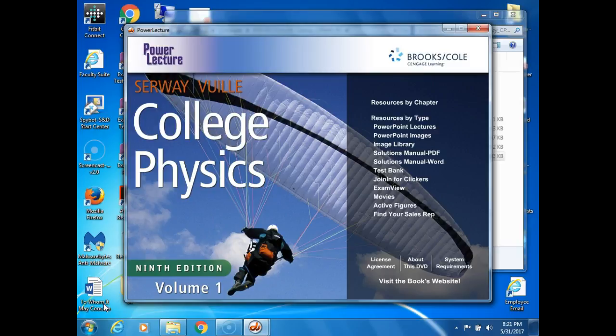14.6, the Doppler effect, odd questions 25 through 35. And then 14.7, interference of sound waves, odd numbers 37 through 41. And 14.8, standing waves, odd numbers 43 through 51.